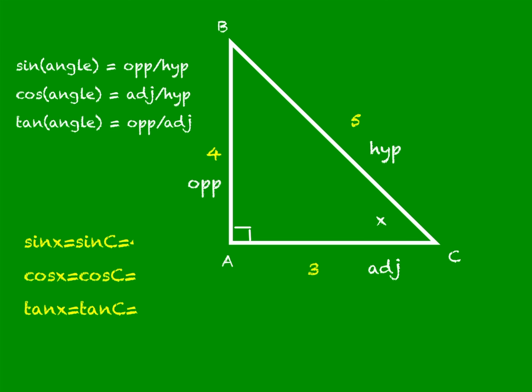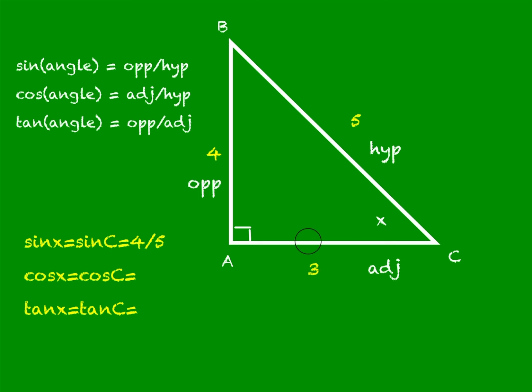So, what is the sine? Sine x, or you can call it sine C, by the vertices. So, opposite over hypotenuse. Opposite 4, hypotenuse 5, so 4 over 5. Cosine, adjacent over hypotenuse.